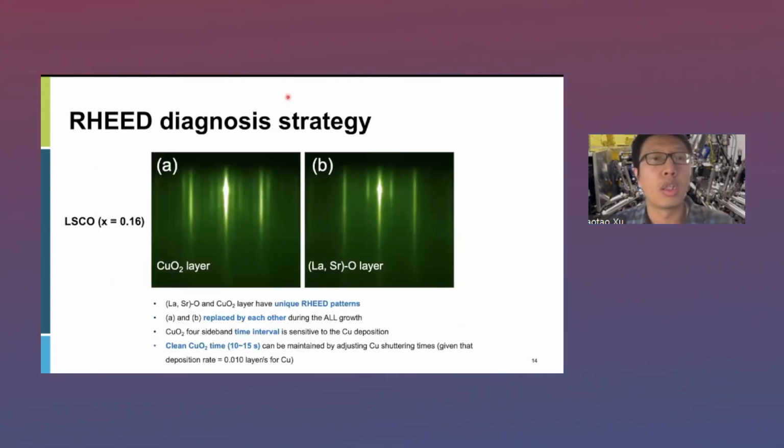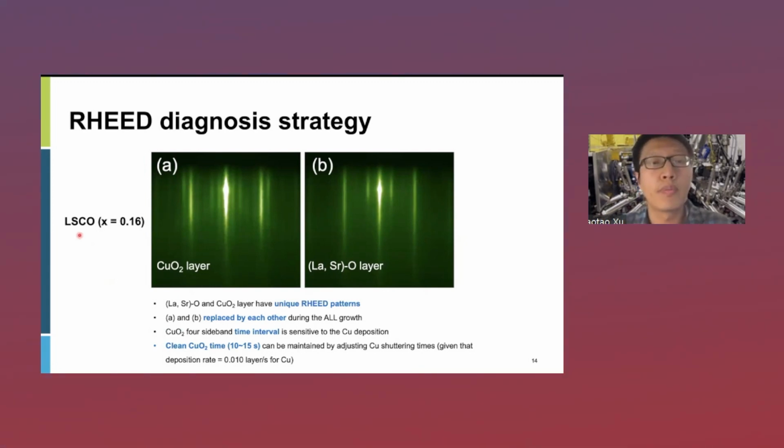And another thing we did to improve our sample quality is we have developed this RHEED diagnosis strategy for the LSCO. So below are two RHEED patterns during the growth of optimally doped LSCO.